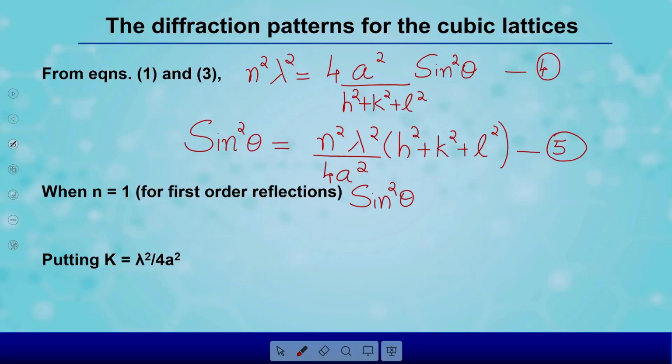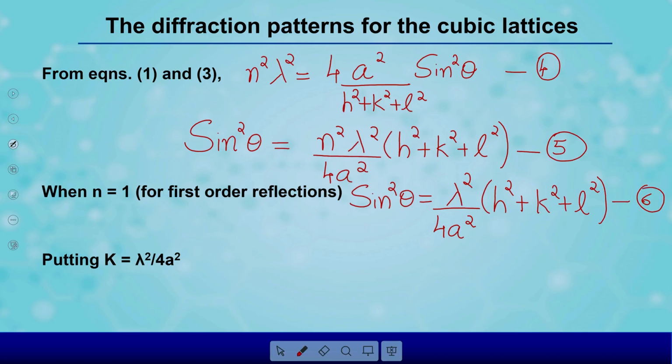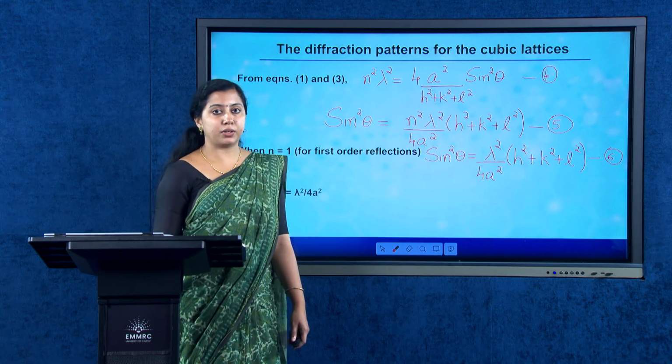sin square theta is equal to lambda square by 4 a square into h square plus k square plus l square. Okay, sin square theta is equal to lambda square by 4 a square into h square plus k square plus l square.